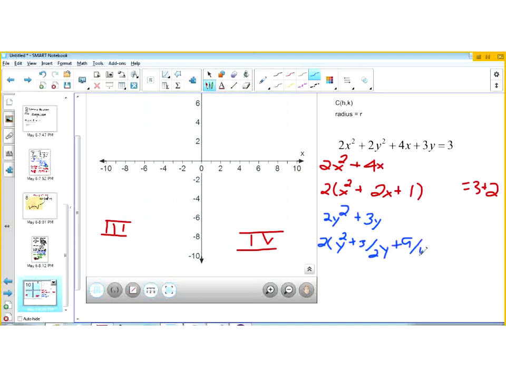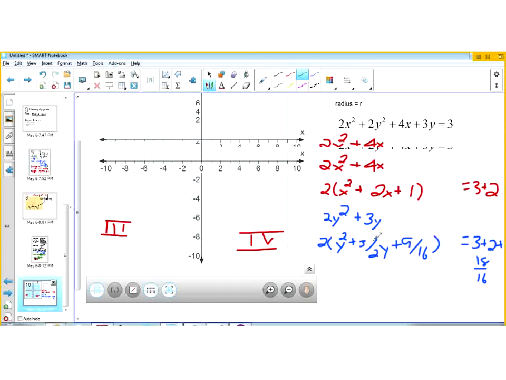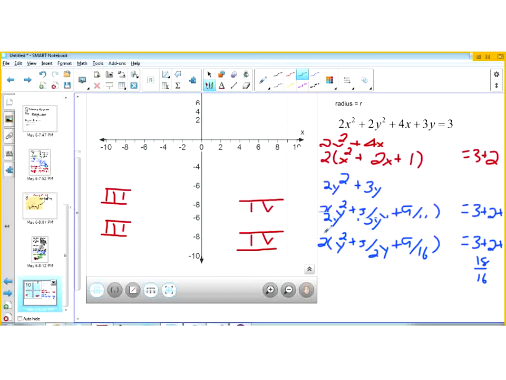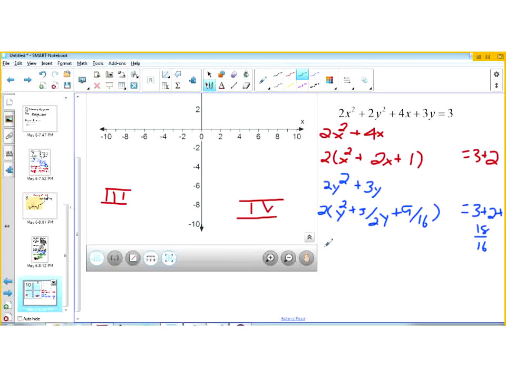Then we take 1/2 the coefficient on y, which is 3/4, and we square it. 3/4 squared is 9/16. Then we add 18/16 to both sides. So that would be 3 plus 2 plus 18/16. Then we'll just put it all together.